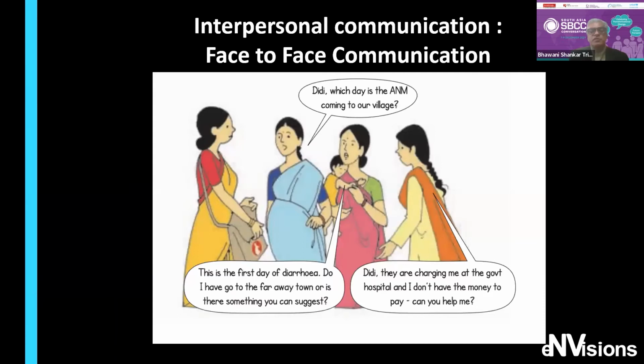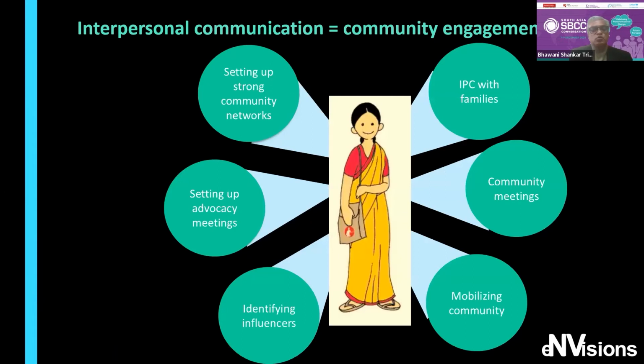So for outcome-oriented social and behavior change, it was important to shift this limited understanding of interpersonal communication from doing just face-to-face delivery of information to a parent to practicing a much larger process of engagement with the whole community as a cohesive unit that influences health-seeking behaviors.